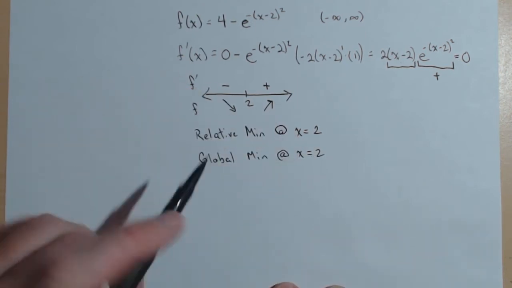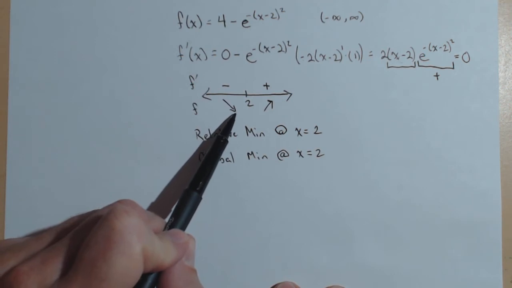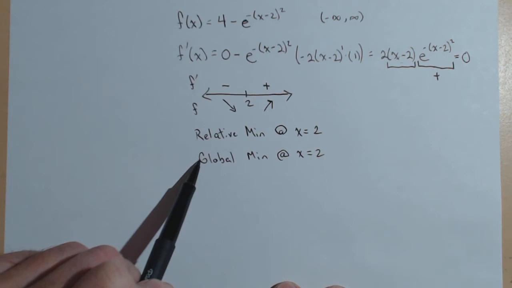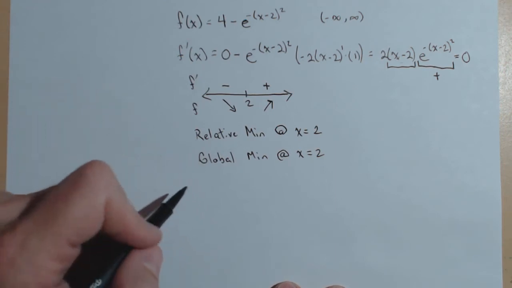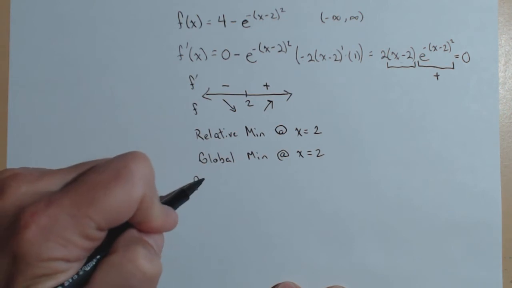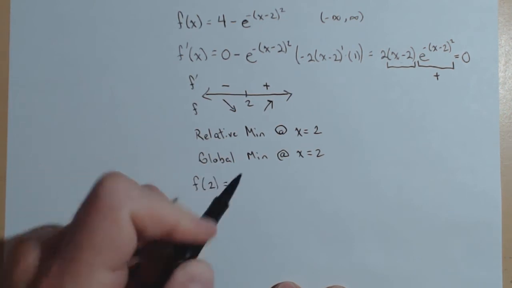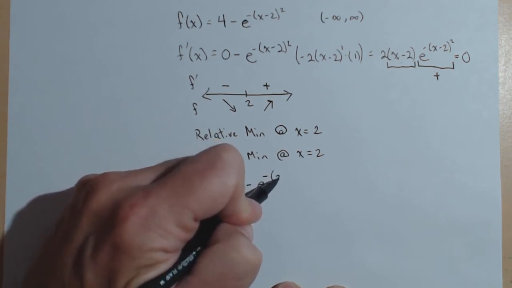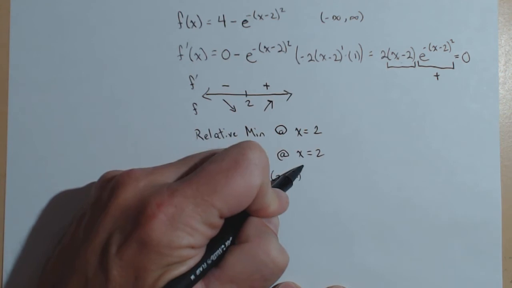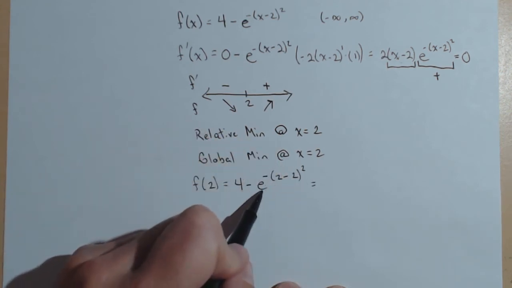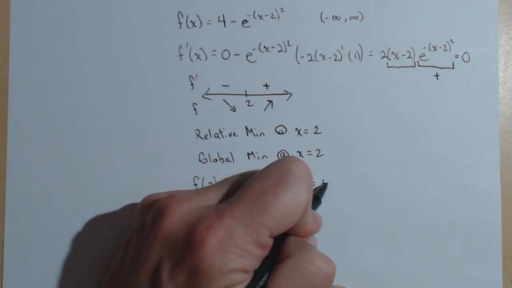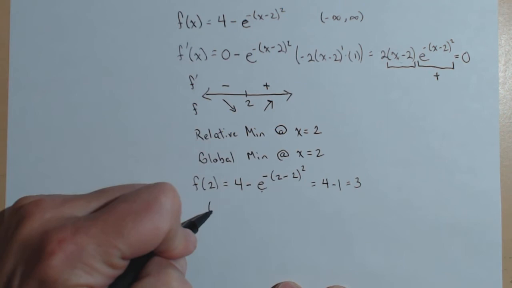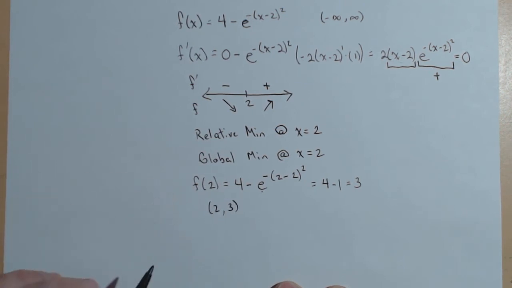We'll look at the graph here in a second, but because it's always decreasing to 2 and then increasing afterwards, we know not only is it a relative min, but it's going to be a global min. Now, to figure out what that global min is, we need to evaluate our original function at 2. So 4 minus e to the negative (2 minus 2) squared. So that's just e to the 0, which is 1, so 4 minus 1, or 3. So we have a global min at the point (2, 3).